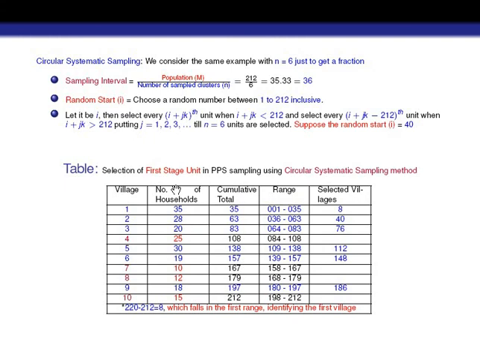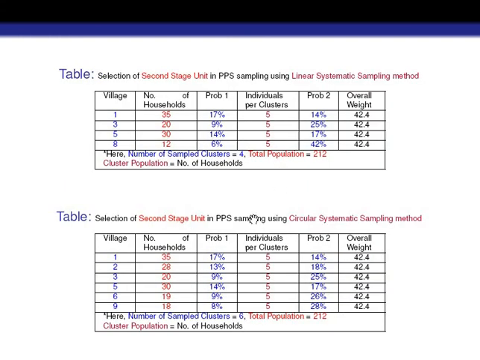systematic sampling method. So here I just calculated all the probabilities and overall weight for each of the selected cluster which you get in linear systematic sampling as well as circular systematic sampling. And I have discussed all these measures in case of simple random sampling also. That's why I think this need not be discussed again.